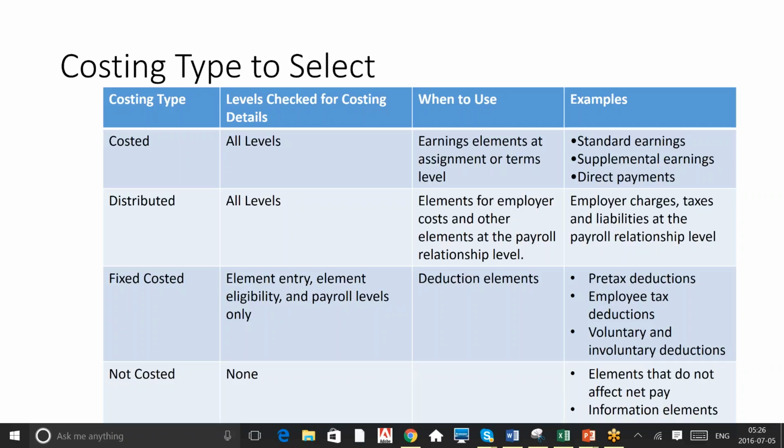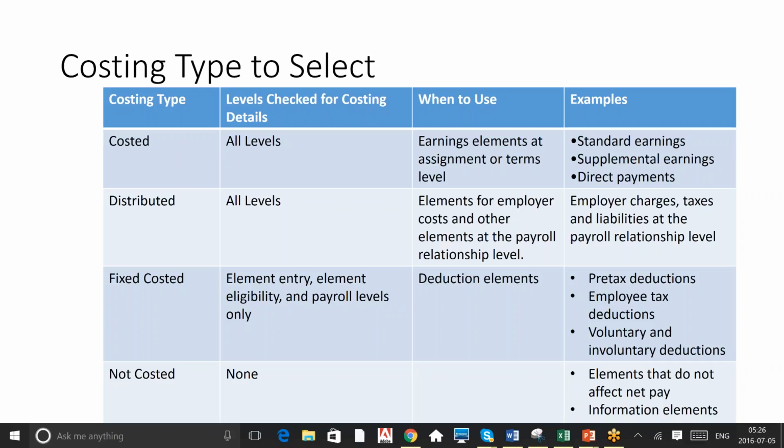Then there is fixed costed. The difference between costed and fixed costed is that fixed costed can be costed only at element entry, element eligibility, and payroll level. Fixed costed you cannot do at department level. So most of the time deduction elements like the pensions, voluntary deductions, and pre-tax deductions we do as fixed costed.